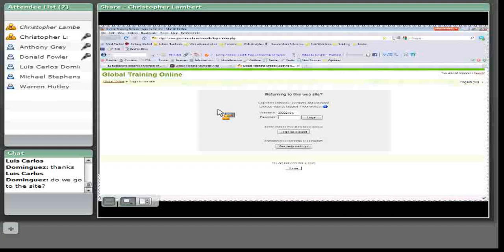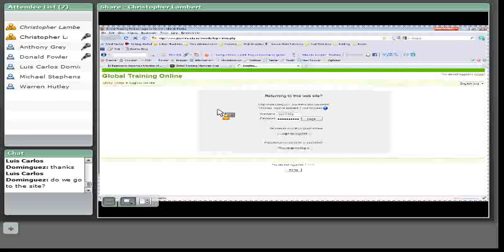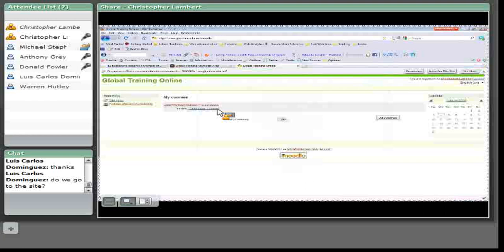This is where you would put in your user ID. My one here is 09000210LC. I have a password. And this is what you would see when you come in.